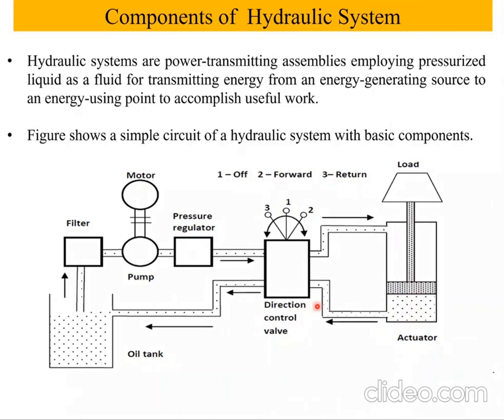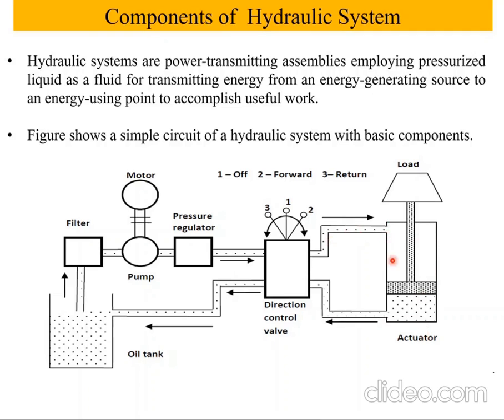Now when all the oil moves out into the oil tank, due to the spring action, what will happen with this piston? When you stop this oil and allow it to return back, when oil goes back to the tank, the spring action will move the piston in upward direction.